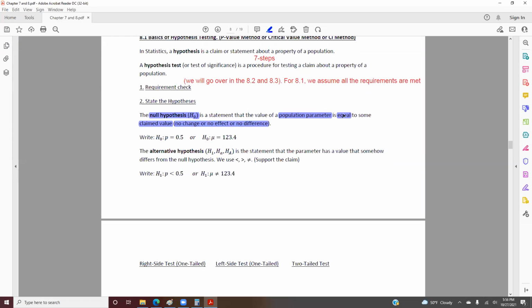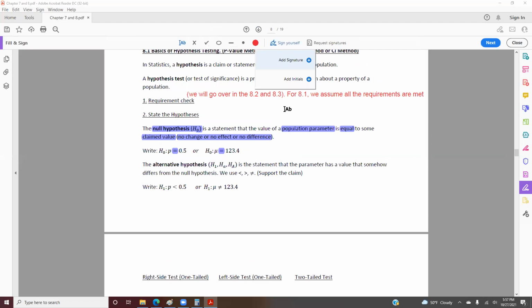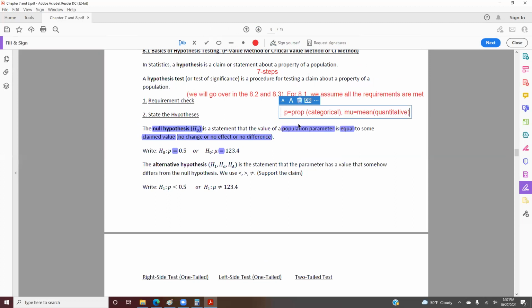So we always use the word equal when you write the null hypothesis, and the sign that we use here is equal. The population parameter can be P or mu. P is for proportion, and mu is for mean.